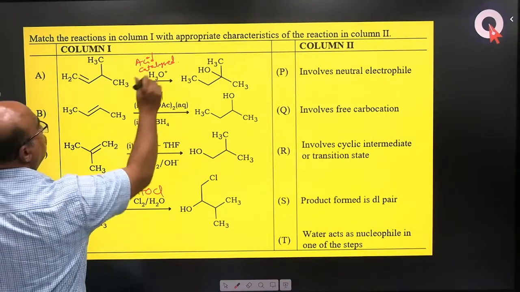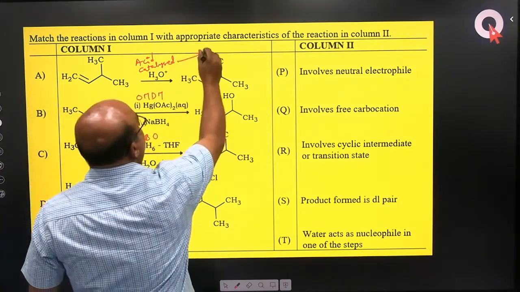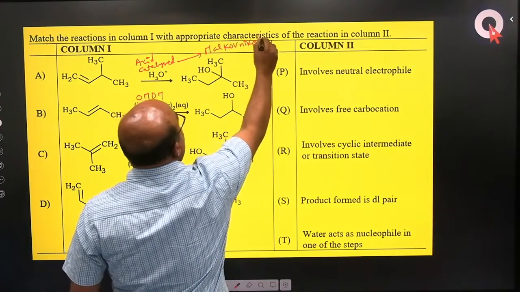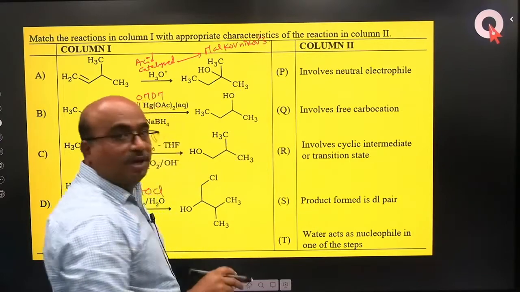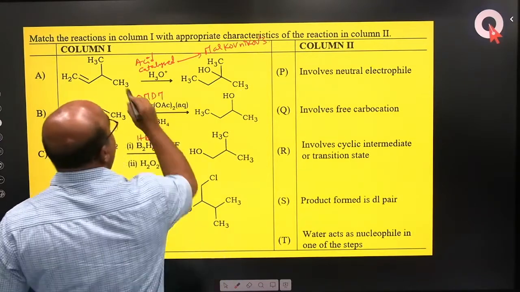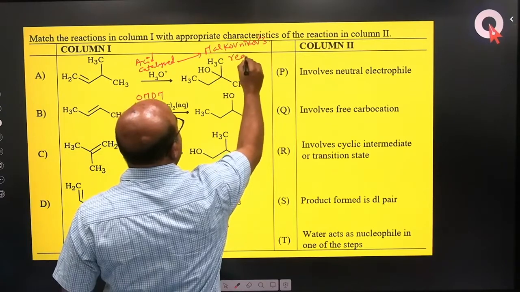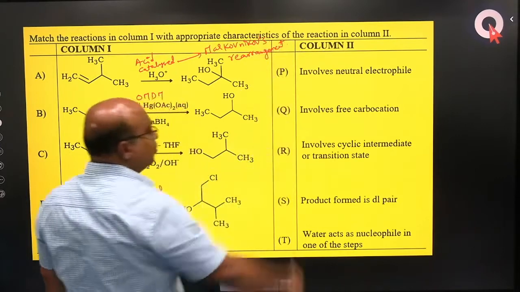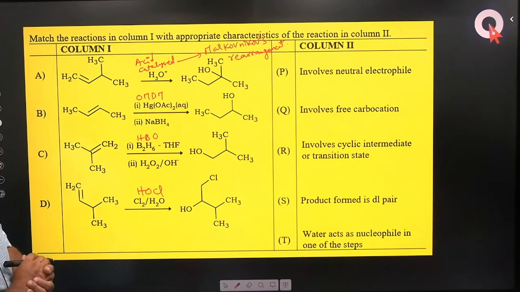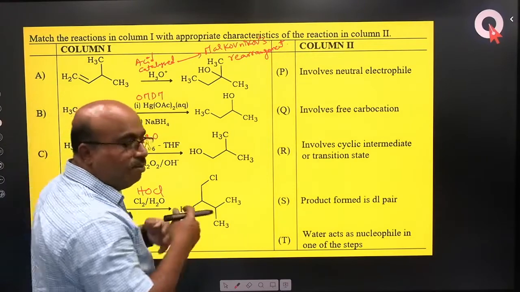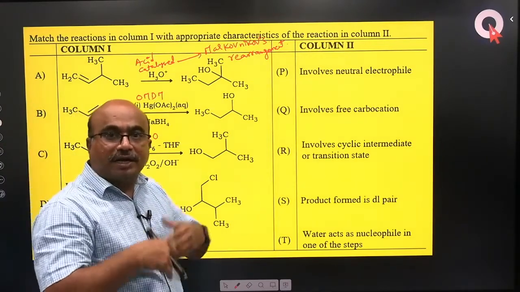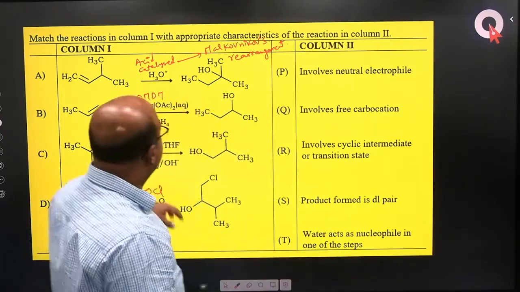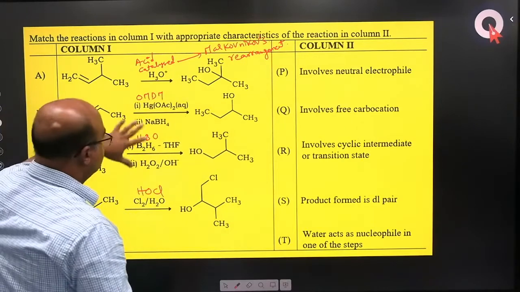But acid catalyzed addition follows Markovnikov rules. You can say simply MR, and reaction proceeds through rearrangements. So rearrangement also exists. So formation of carbocation will be there. After that, that carbocation can rearrange there, because pure carbocation we are getting there. But here we will get a cyclic intermediate.